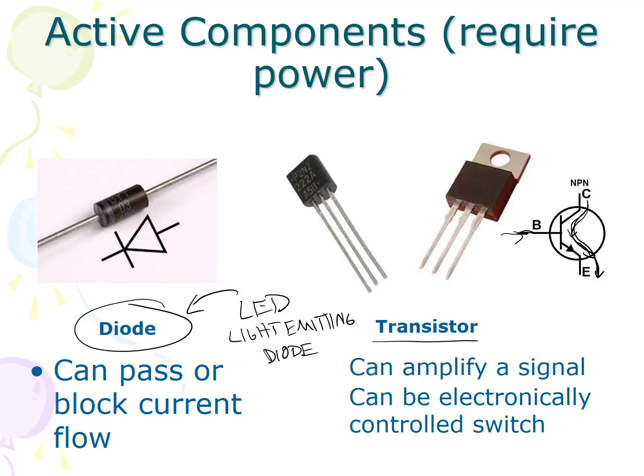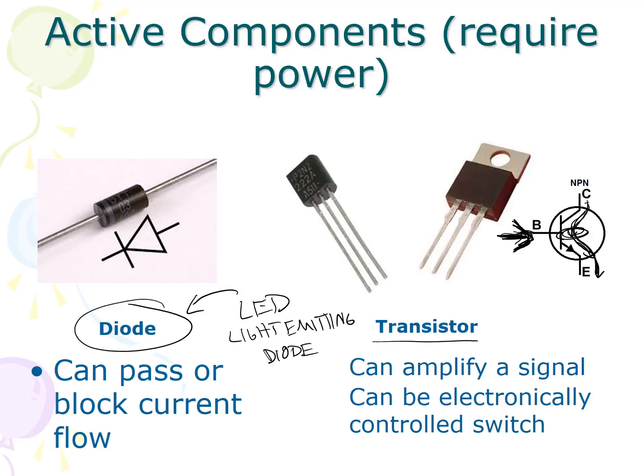If you don't apply power here, then there's no flow that goes through from here. If you do apply power, then there is flow through there. So it can act as an electronically controlled switch. One of the cool aspects of a transistor is that the more power you put to B, on this prong, it opens up this valve wider and wider.